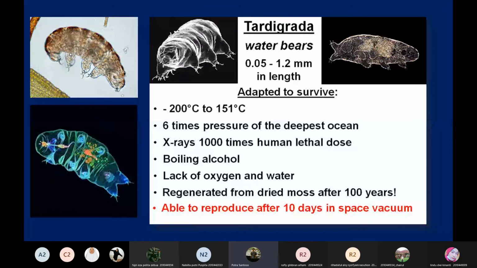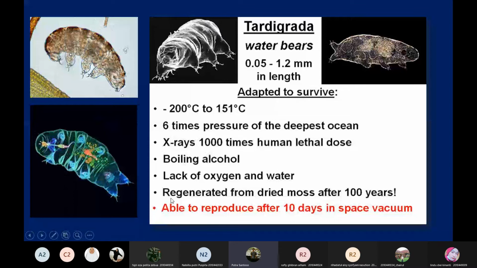Jadi material genetiknya juga punya pelindung, punya sistem perbaikan yang sangat bagus. And also the mitosis, the cell division of these animals is also very slow. Jadi pembelahannya itu juga sangat lambat. Aktivitas mitosisnya juga sangat lambat. Otomatis dia menjadi sangat tahan dengan radiasi.